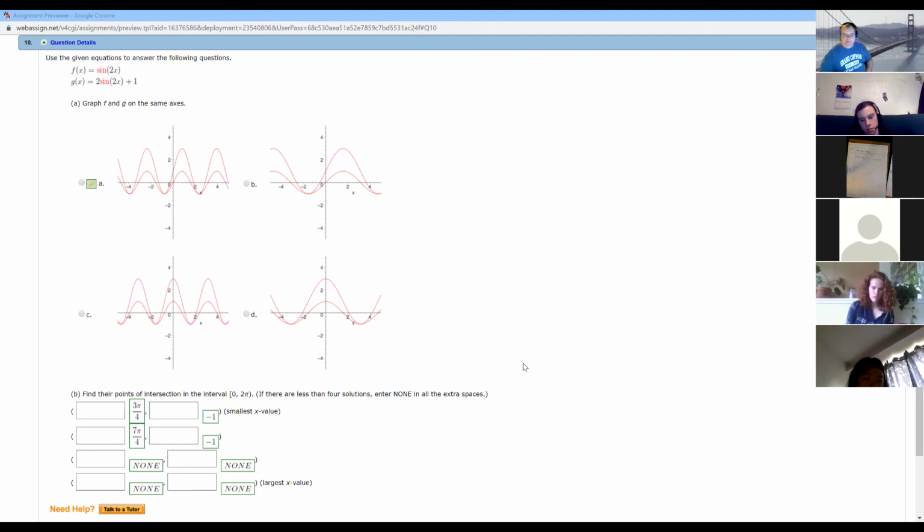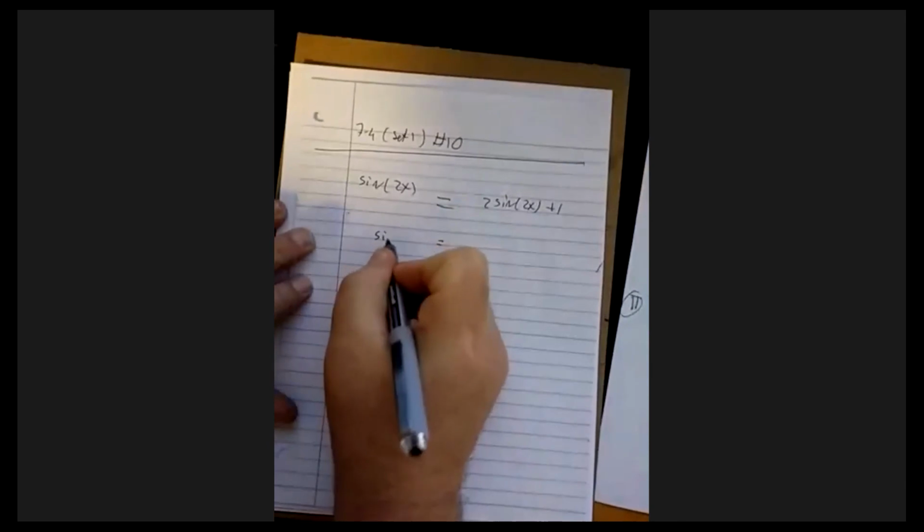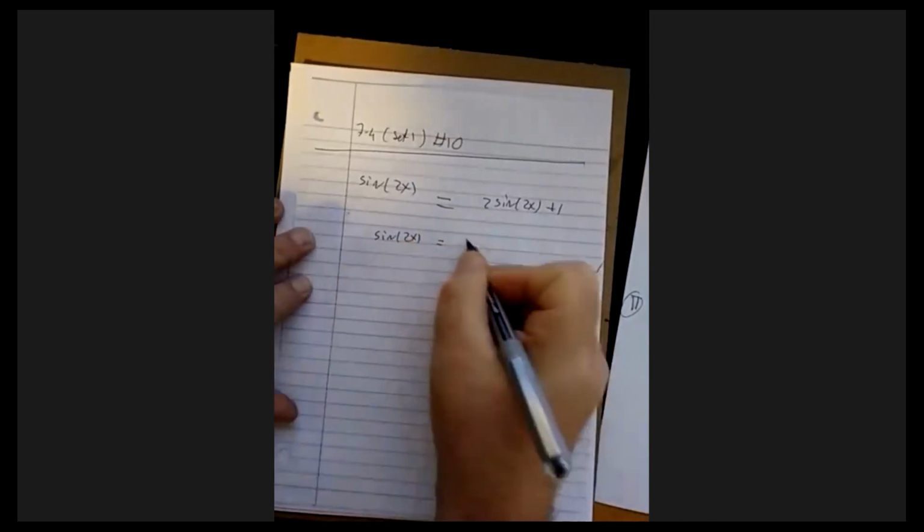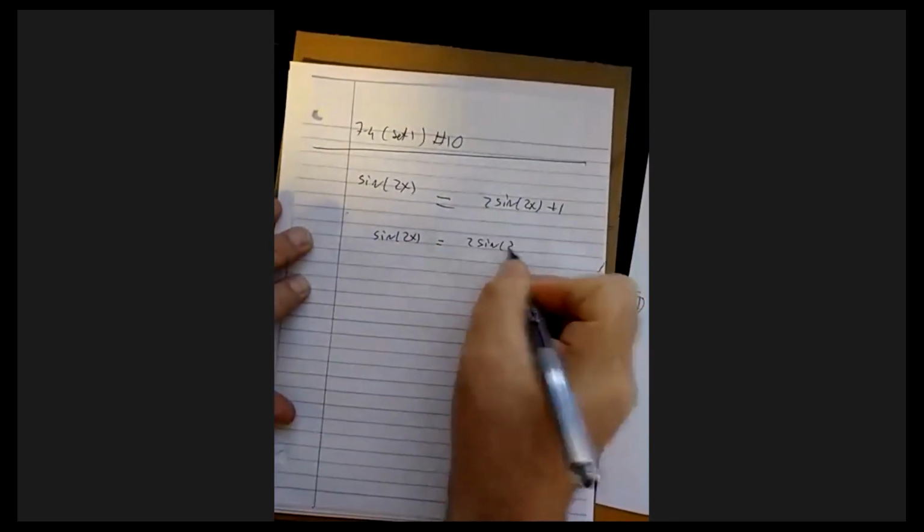Okay. They want to know when two things intersect. Do you know they intersect when they're equal to each other? So when does this line meet up with that line? You set the first equal to the second, the equations, and solve. Now I'm just going to write this a little bit more horizontally. There we go.